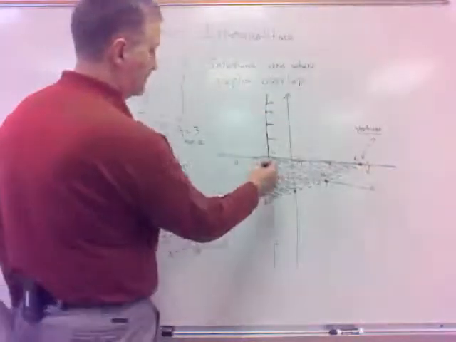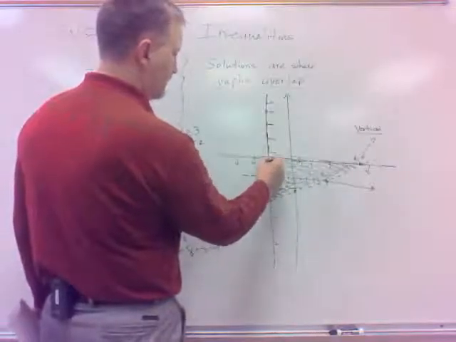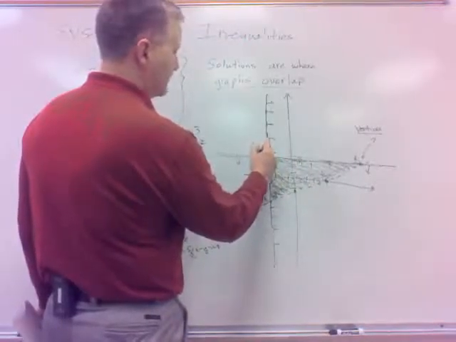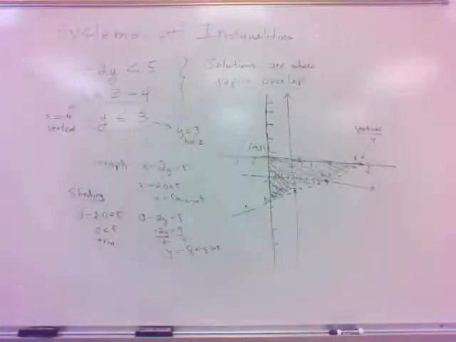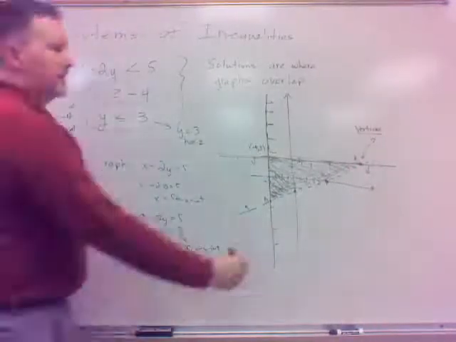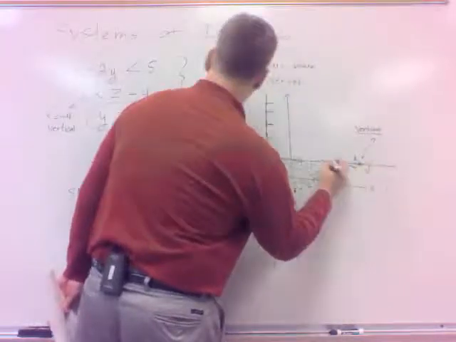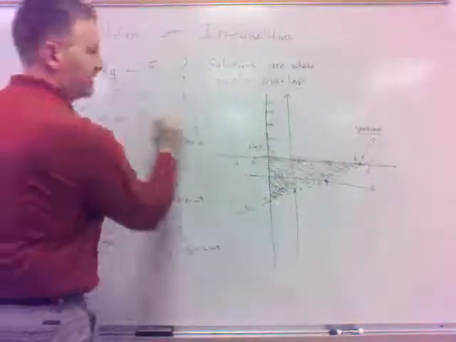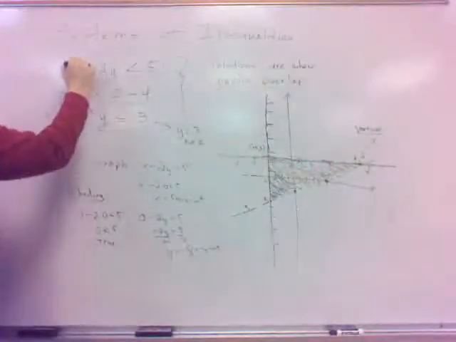This one would be easy because that's -4, 3, because they're vertical and horizontal. But the other two, let's talk about those. This one is where we cross on the slanted line and then the horizontal line. So it's these two.